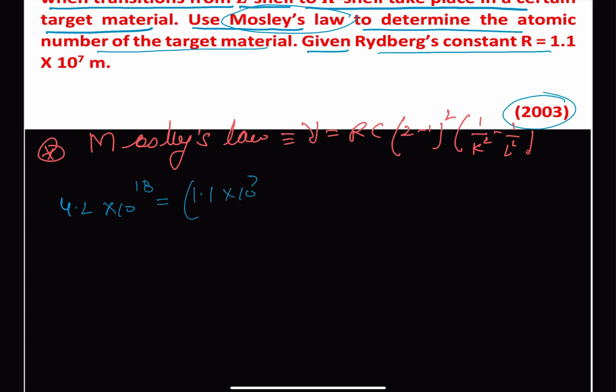The speed of light, c, is 3 into 10 to the power 8, multiplied by (Z minus 1) whole squared. K will be over 1 and L will be over 2, so this comes as 1 minus 1 upon 4.